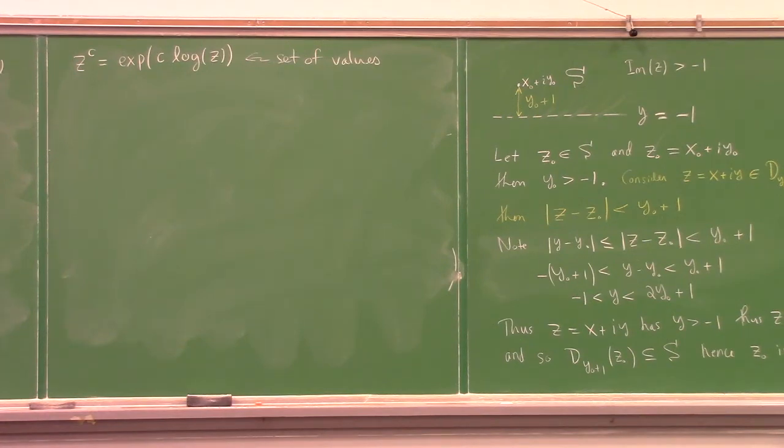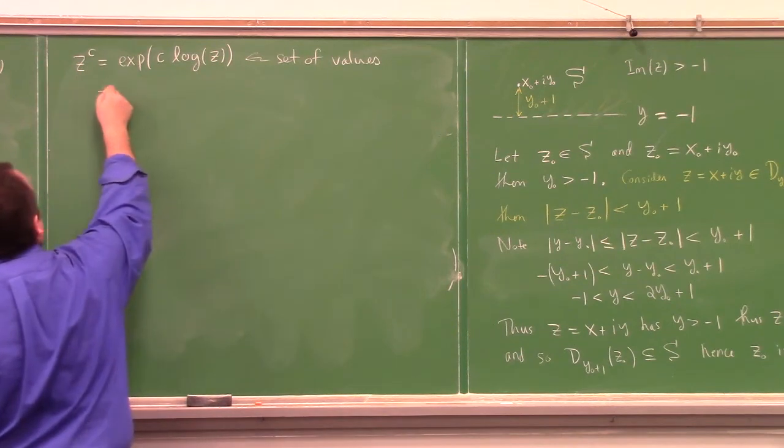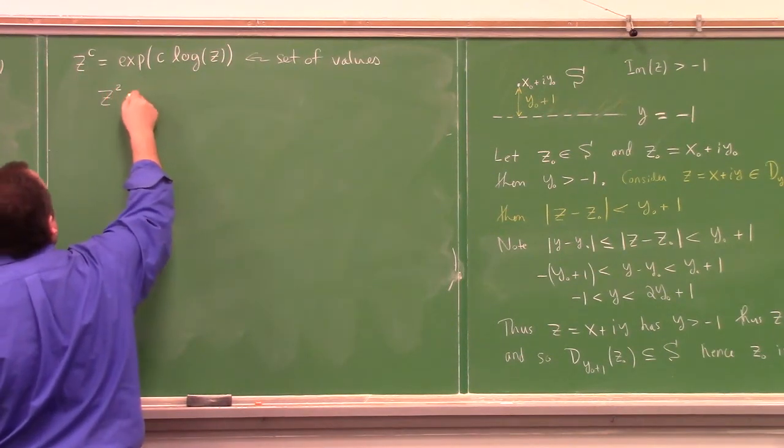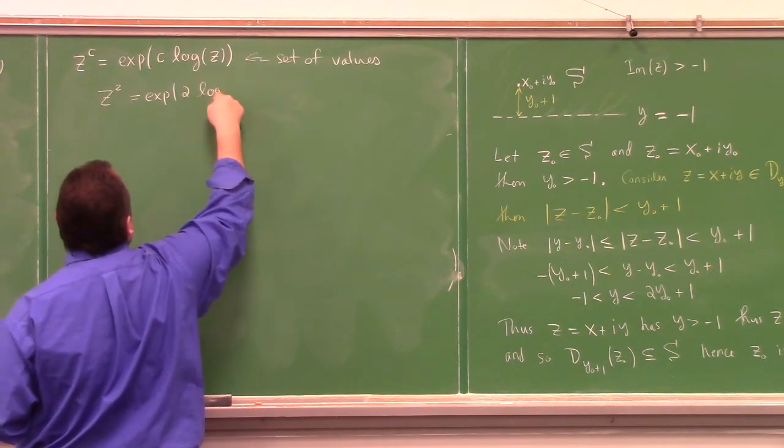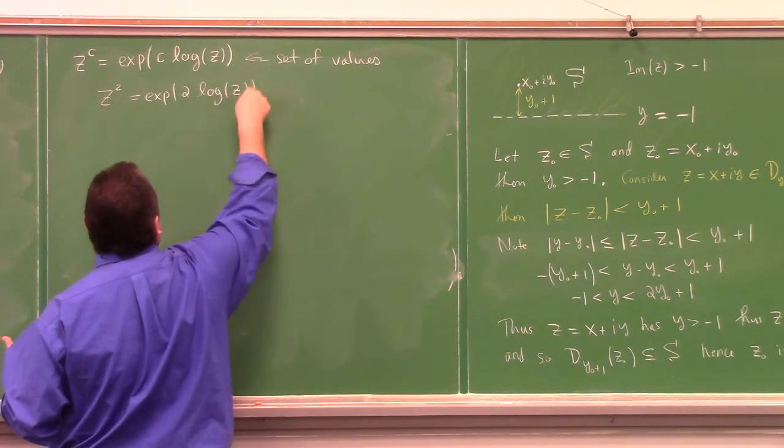But you should understand that we're also inconsistent in our notation, right? Because when I say z squared, do I mean the set of values defined by this? We don't actually mean z squared is exponential of 2 log of z. I don't think we mean that.